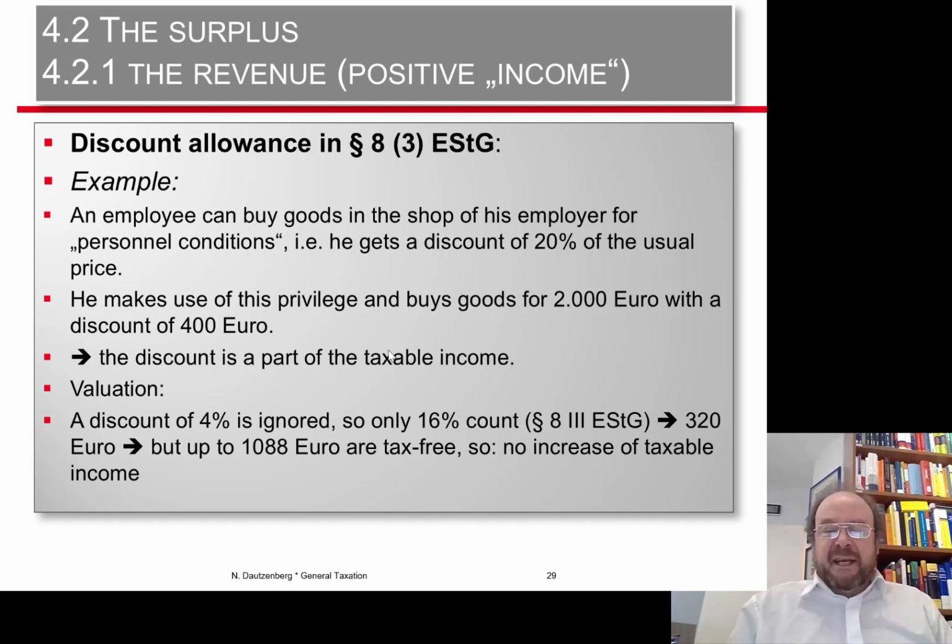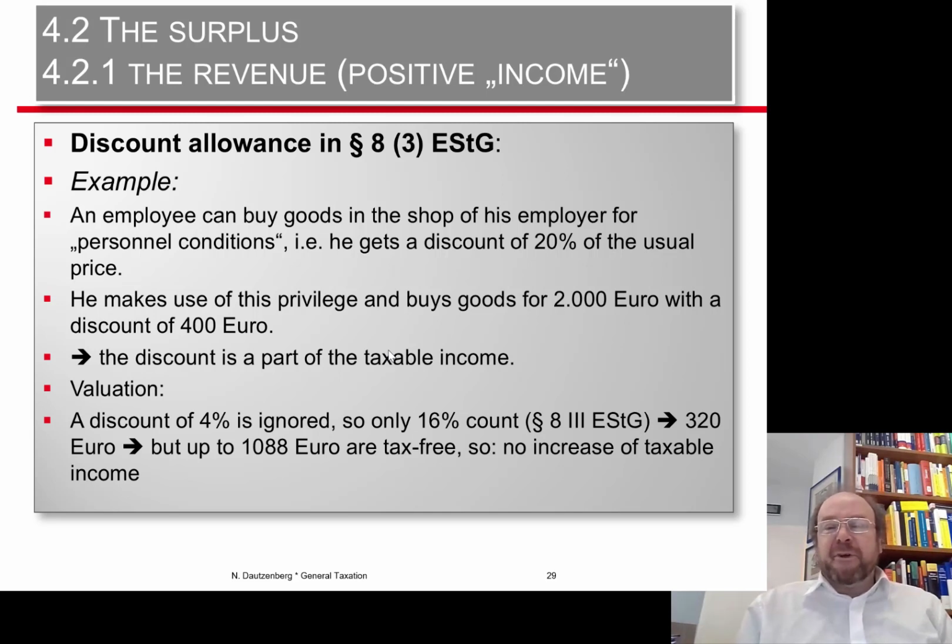Up to 1,080 is tax-free. So at the moment, it's not regarded as taxable income, but your employer has to keep lists of all the things which you bought with a discount and has to prove the amount of discounts which you got over the year.